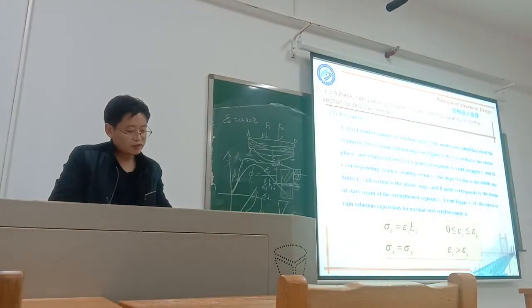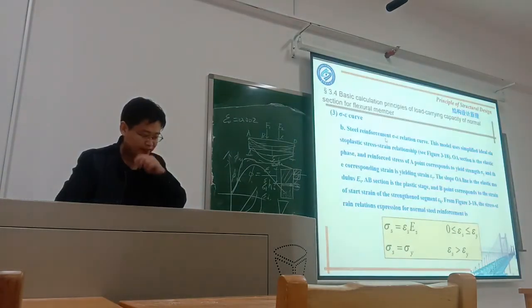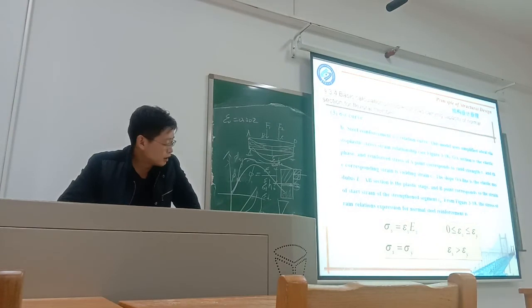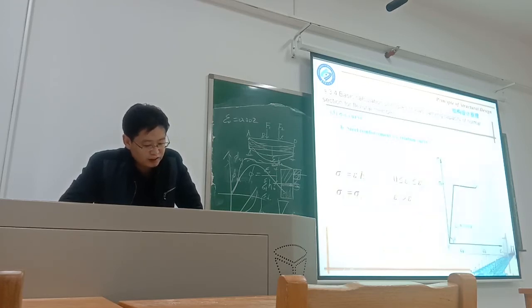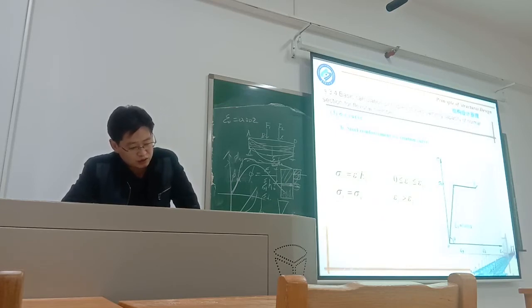For the steel reinforcement sigma-epsilon relation curve, this model uses the simplified ideal elastoplastic stress-strain relation, in this figure. So it's more simple: one oblique straight line, and then a horizontal straight line.